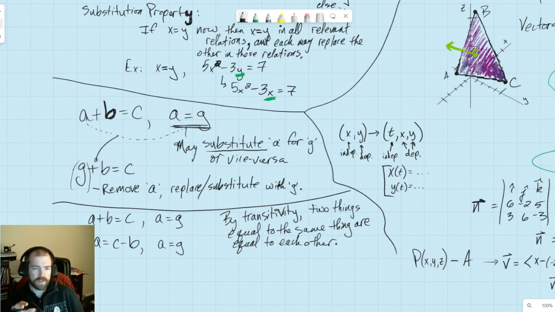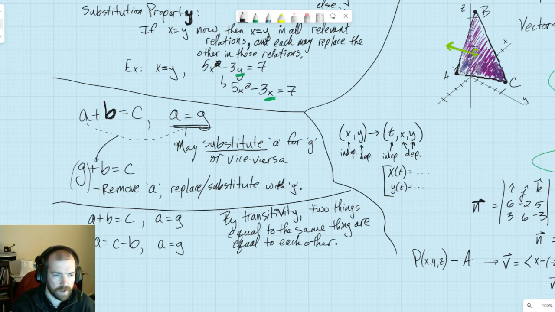So in terms of transitivity, two things that are equal to the same thing are also equal to each other. So we're not substituting in this case, but we are saying that, oh look, since we have an a here and an a here, and this is equal to this thing, and this is equal to this thing, then c minus b and g must also be equal.